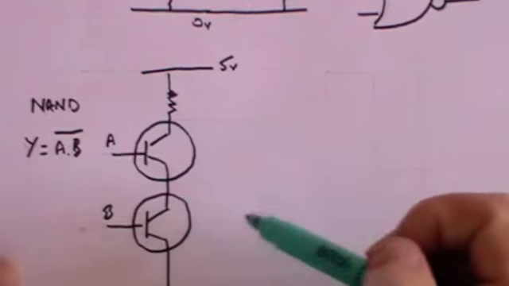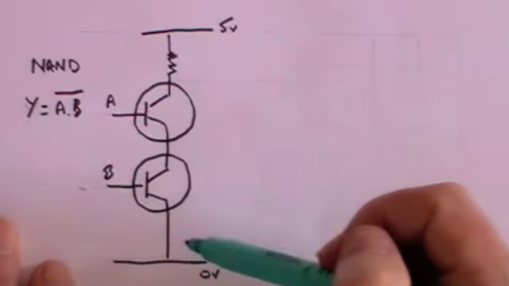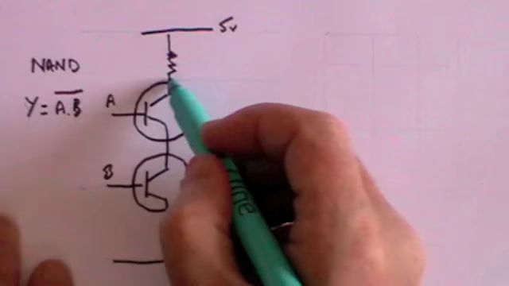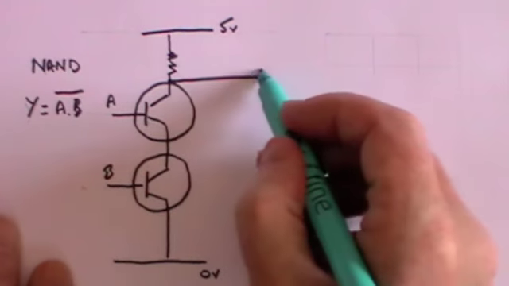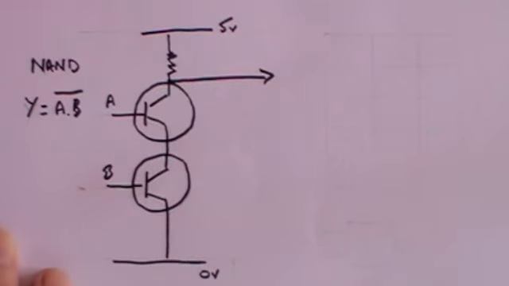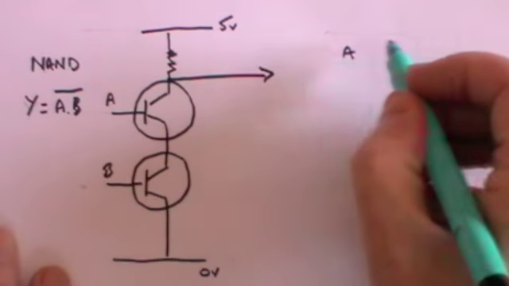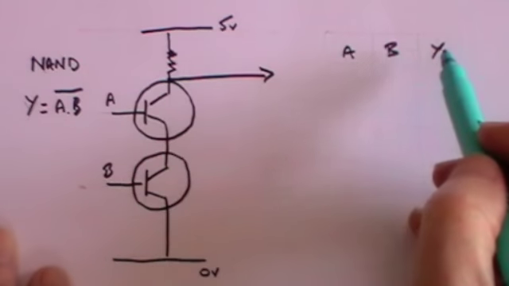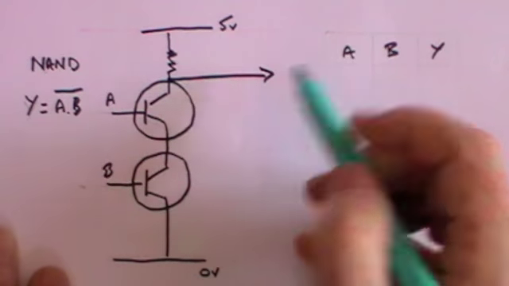So essentially, once again, we've put a battery between the two devices. And this time we're going to take our output along this line here. And now we'll draw our truth table as we go along. A and B are our two inputs, and Y is our output.